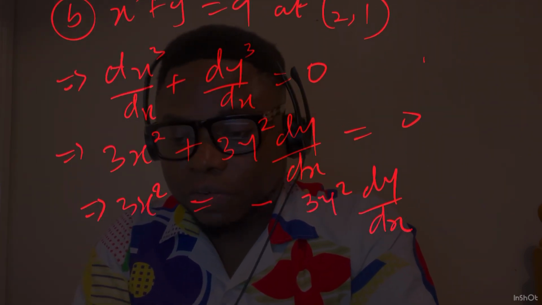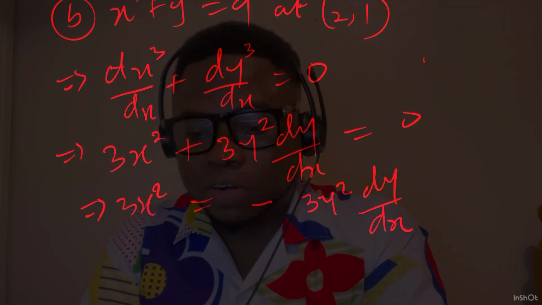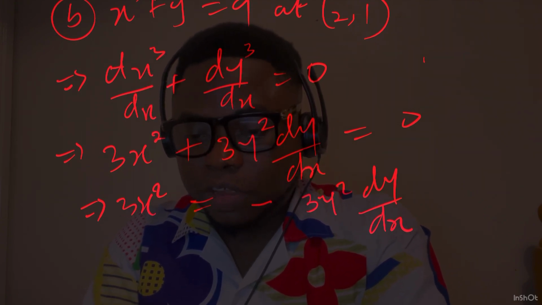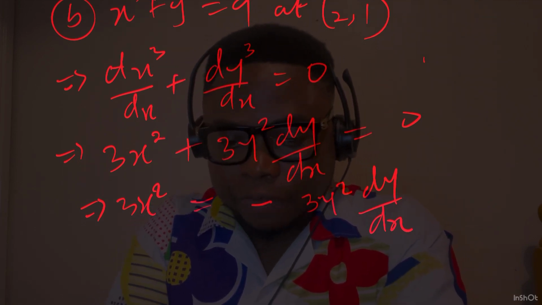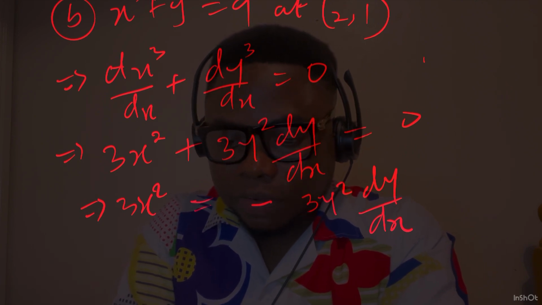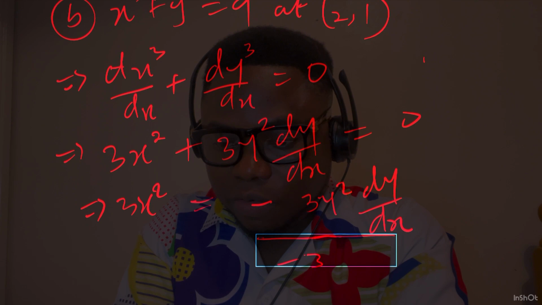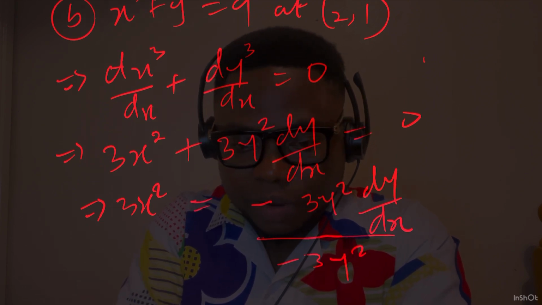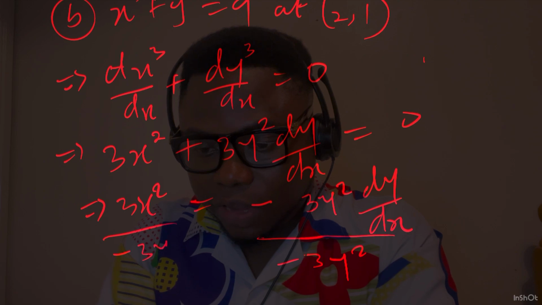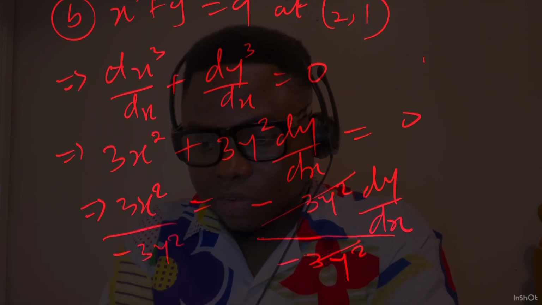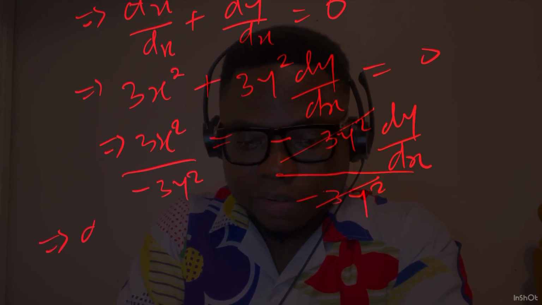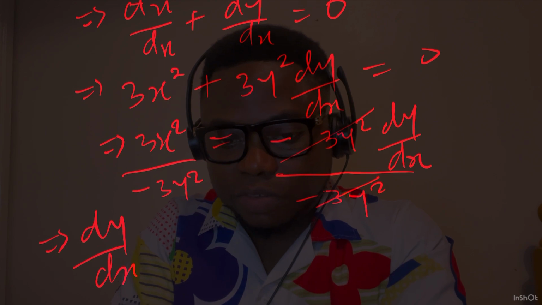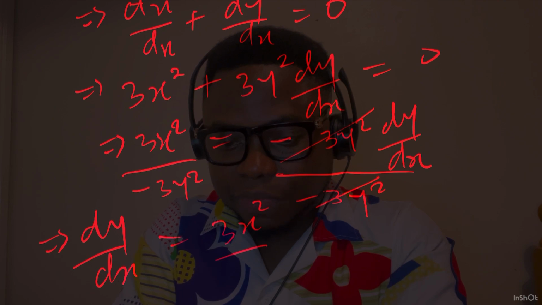So in this case, for me to free dy over dx, which is the gradient, I'm going to divide both sides with its coefficient, which is minus 3y raised to the power of 2. So doing so, that is dividing across with minus 3y squared, minus 3y squared. So you can see this is going to cancel out this. So dy dx is now free. I'm going to write dy over dx, which is the gradient, is equal to 3x raised to the power of 2 over minus 3y raised to the power of 2.